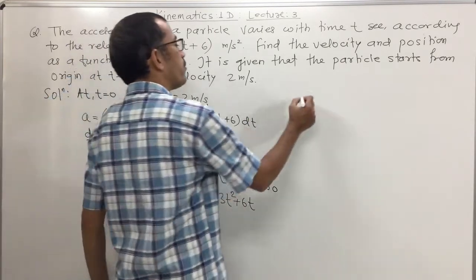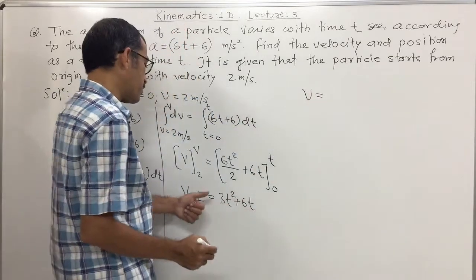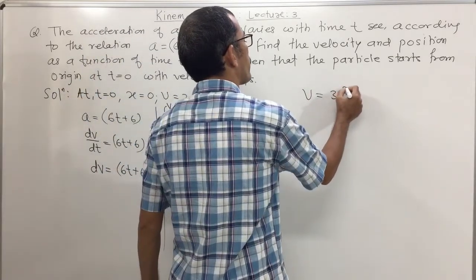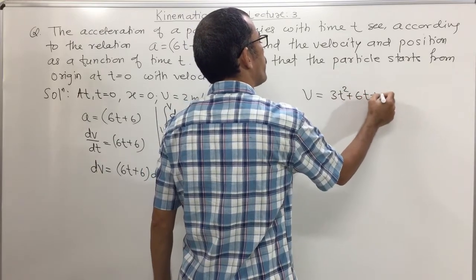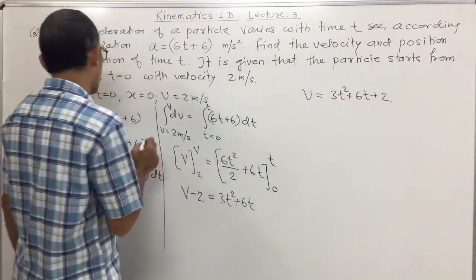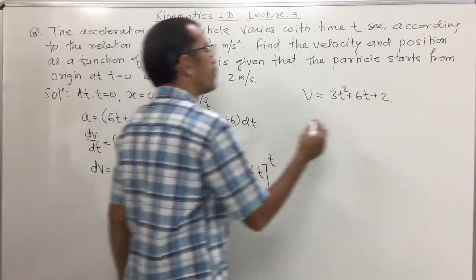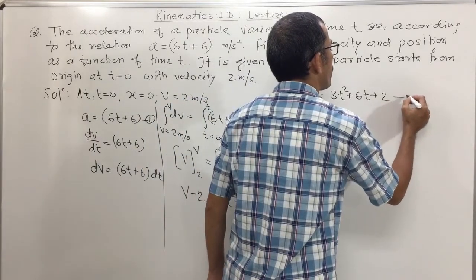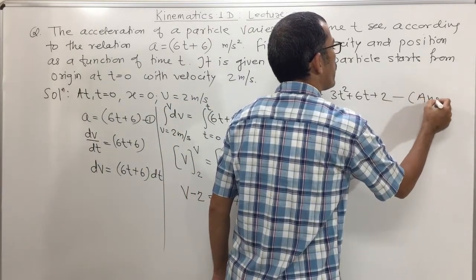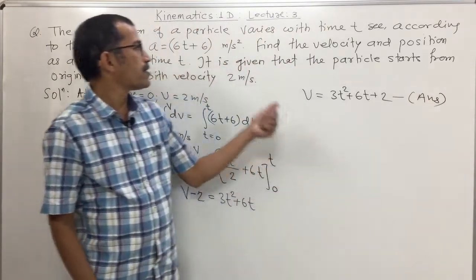That means the equation of velocity is v = 3t square plus 6t plus 2. Call this equation number 1. This is your answer: velocity in terms of time.